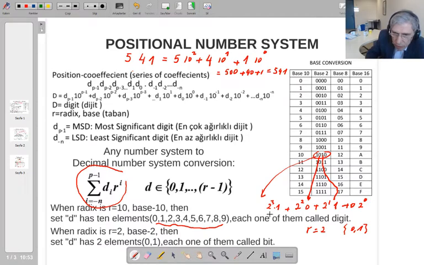These are the coefficients of the positions. That's why the positions are important. This position, on the right hand side, the lowest position, is the radix to the power 0, first position, second position. Third position is this, fourth position is this. Fourth position coefficient is this.